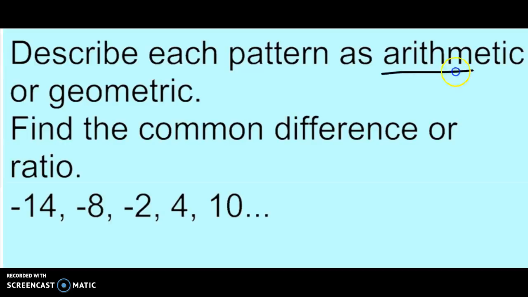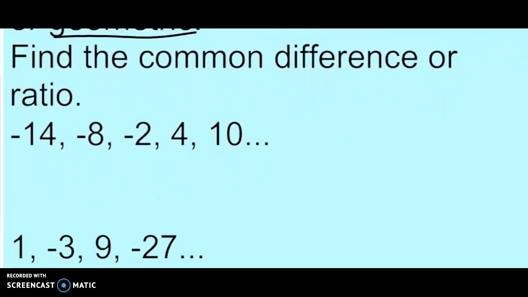First we're going to decide if they're arithmetic or geometric. Remember, arithmetic is adding or subtracting, basically adding or adding a negative. And geometric is multiplying or dividing, or really we say multiplying by a fraction. Looking at this first one, I'm going to look at the common difference.